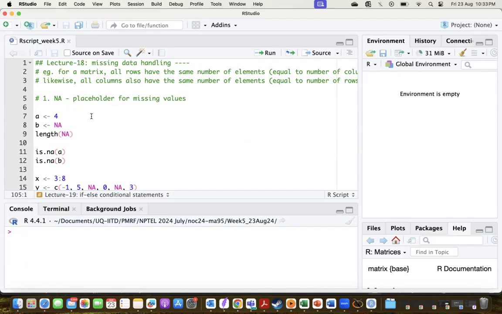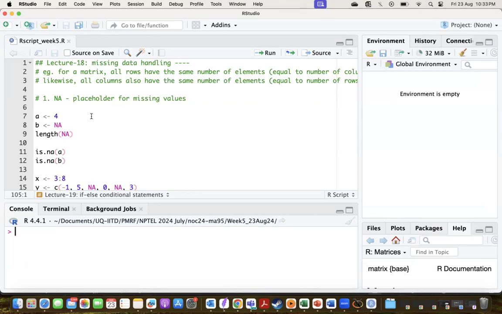But very often you will have missing data. For example, if you're taking a survey where you are asking people to fill up a questionnaire, very often all of these questions are not compulsory, so they may not fill in the answer for some of them because it's optional. How do you handle that?